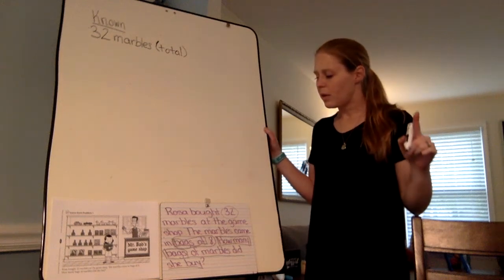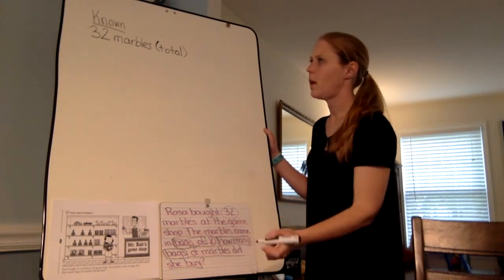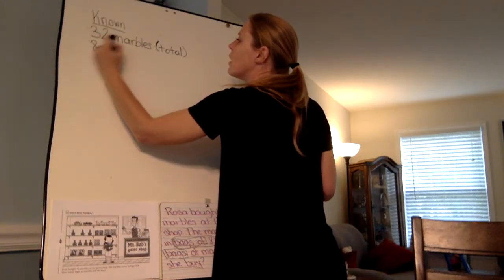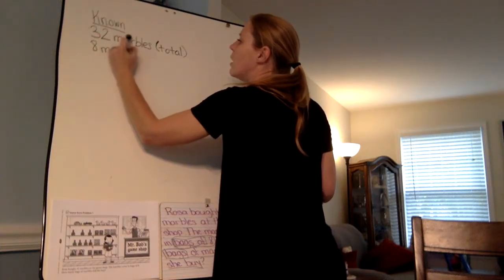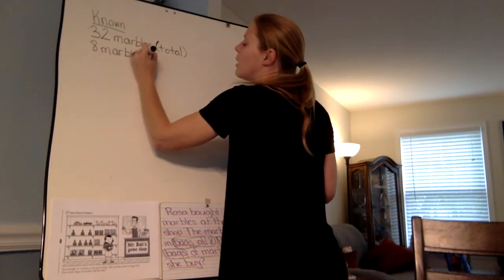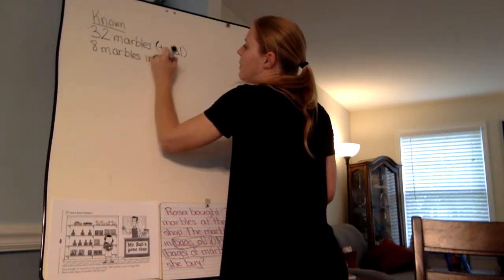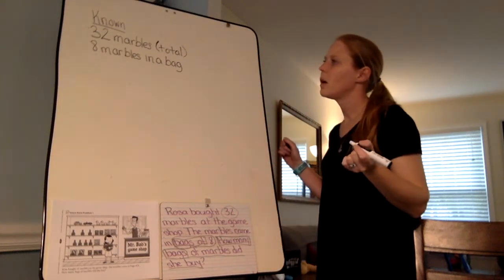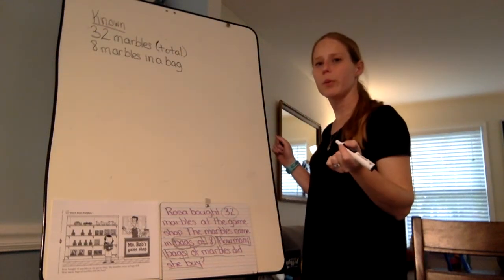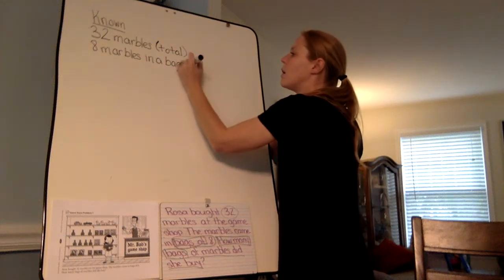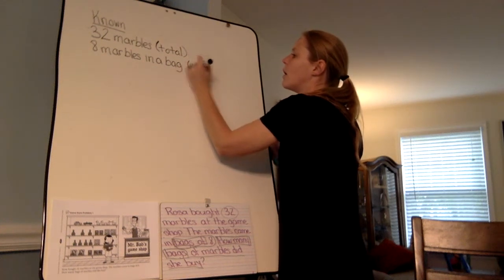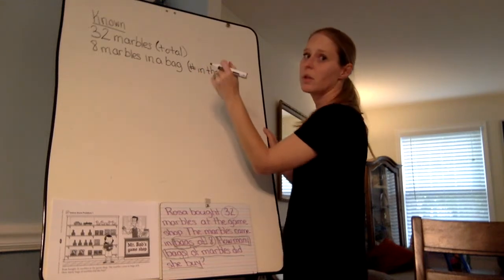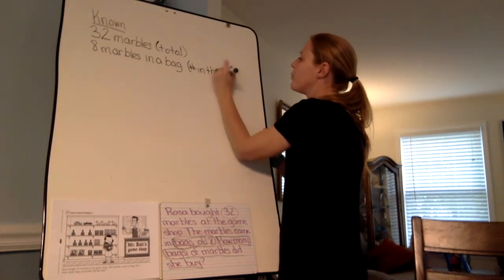We also know that the marbles came in bags of 8. So 8 marbles in a bag. I think this is how many are in a group. So I'm going to write number, and I'm just using the symbol, in the group.